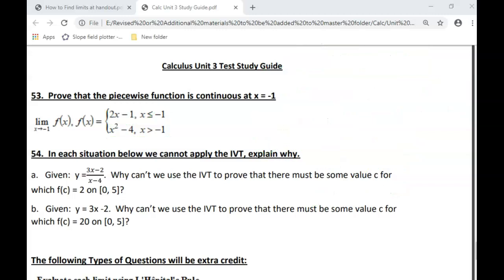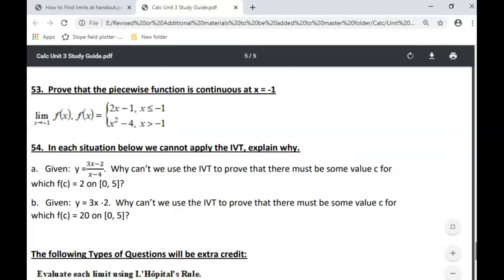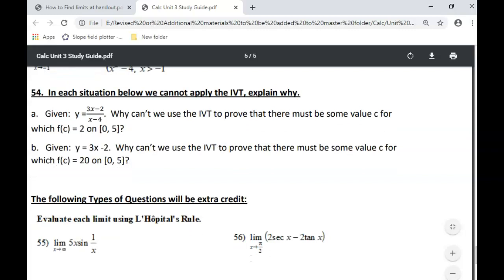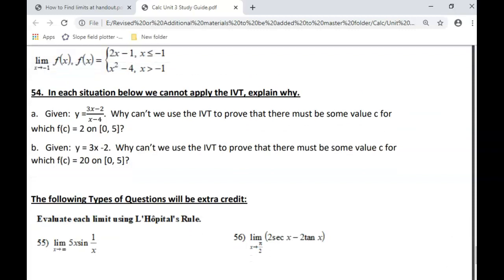All right, moving along. Let's go ahead and take a look at number 54. In each situation below, we cannot apply the intermediate value theorem. Explain why. So basically, there are 3 criteria that are required in order to use the IVT.